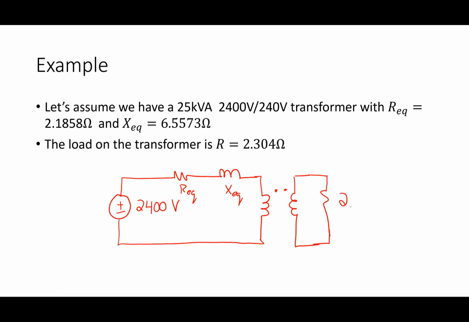My load is 2.304 ohms. And let's say, ultimately, I want to figure out a couple of different things. Say I want to figure out I1, and let's say I want to figure out V2, and I want to figure out I2. Okay. Now, where should I start with this? What's the easiest way to go about it?